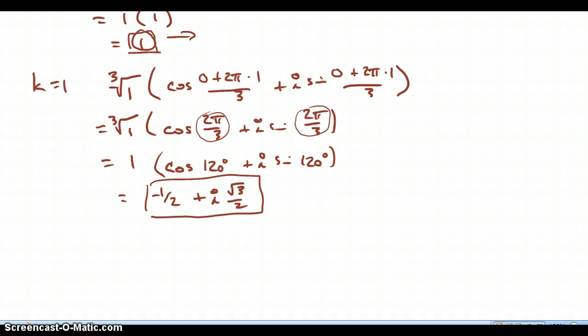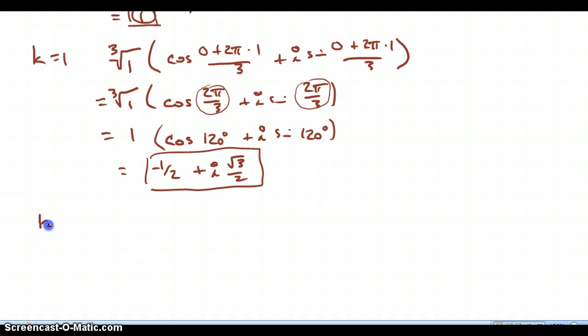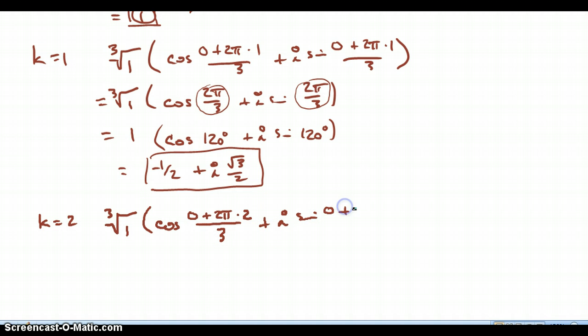The other one is for k equal to 2. I do the cube root of 1 times the cosine of 0 plus 2 pi times k, which is 2 now, over 3, plus i sine 0 plus 2 pi times 2 over 3.